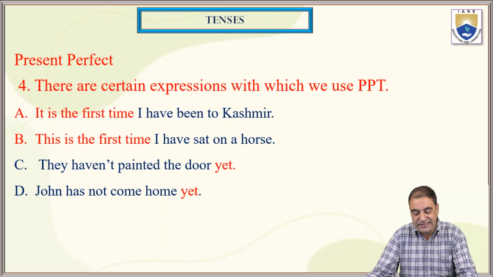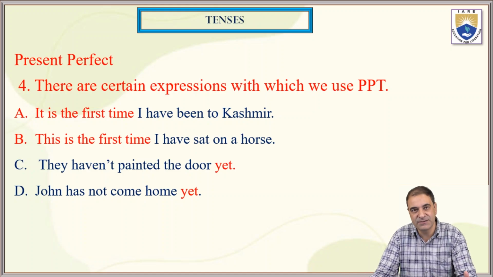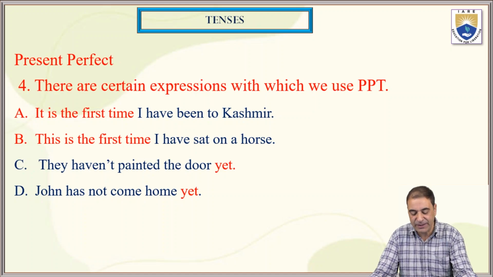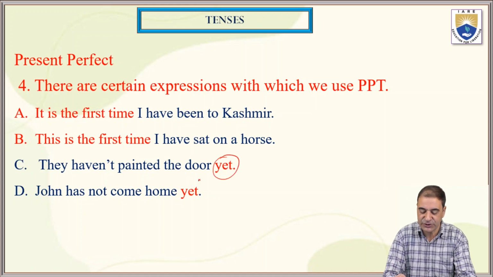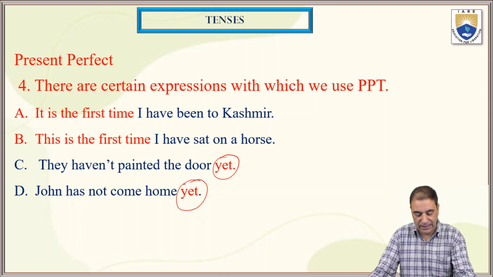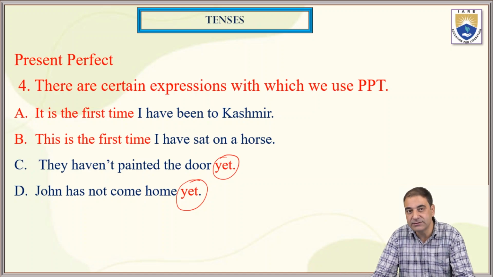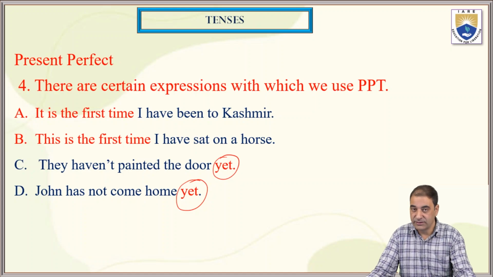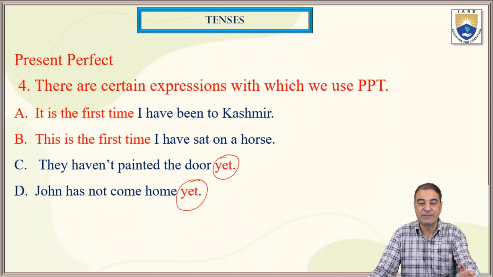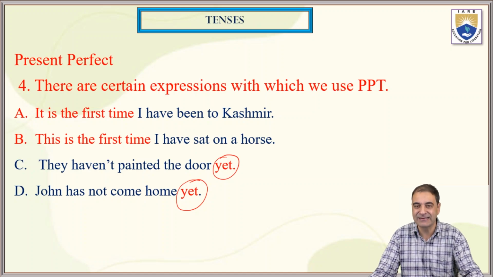Like here, it is the first time I have been to Kashmir. And the second one, it is the first time I have sat on a horse. And the next one, they haven't painted the door yet. Again, we have this yet expression here. And the next one, John has not come home yet. Remember, we often use this present perfect tense with these expressions like it is the first time, it is the second time, or yet expressions.